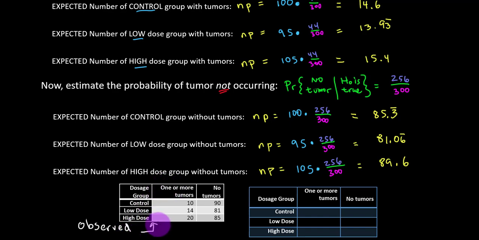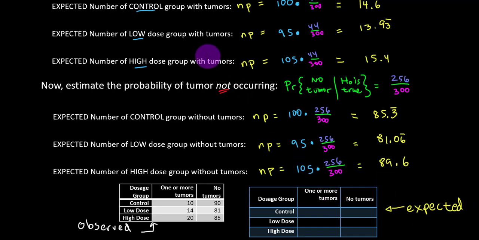So that was the given data. And I think it's quite nice to rewrite all of these expected values in a matching format in this table, just so you know which observed values need to be compared to which expected values.